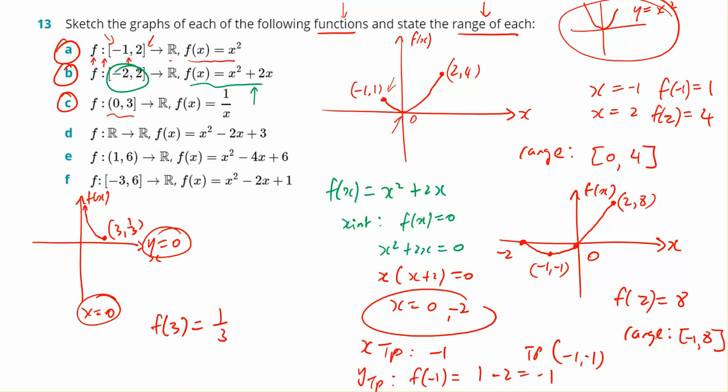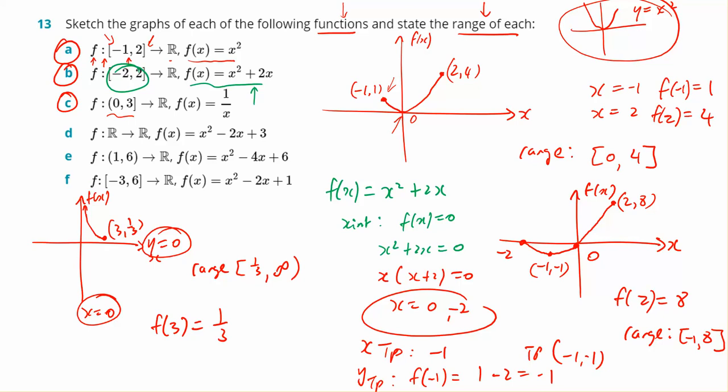So my range for this graph would be from a third, because that's my lowest y value, to positive infinity, because this graph goes up forever. It's trying to approach that x asymptote there.